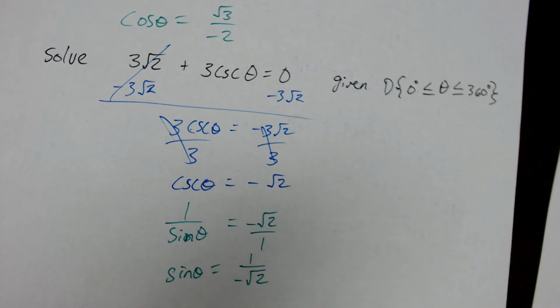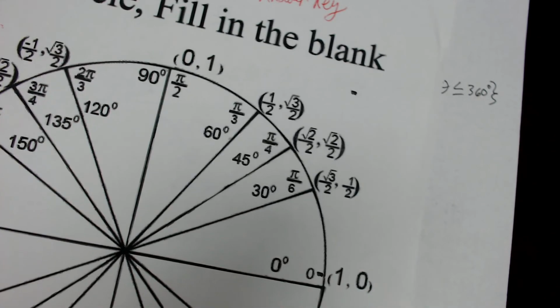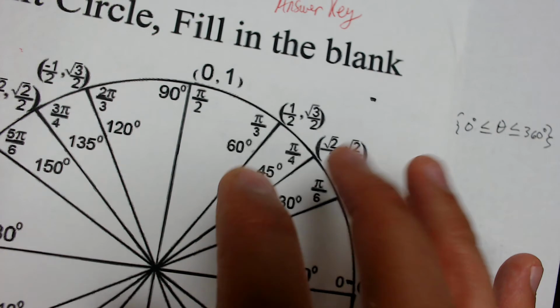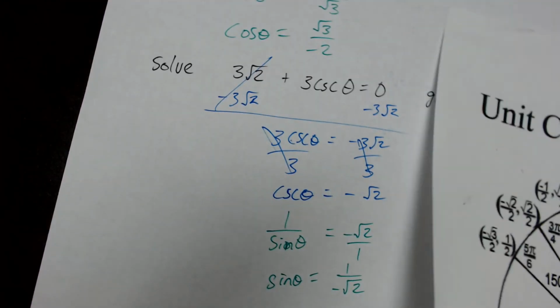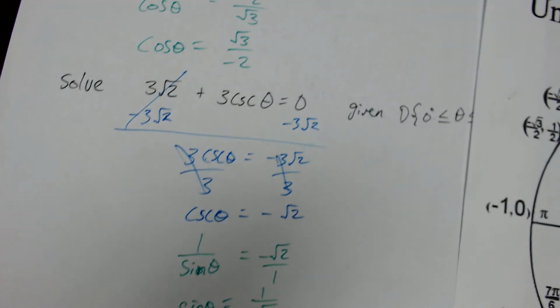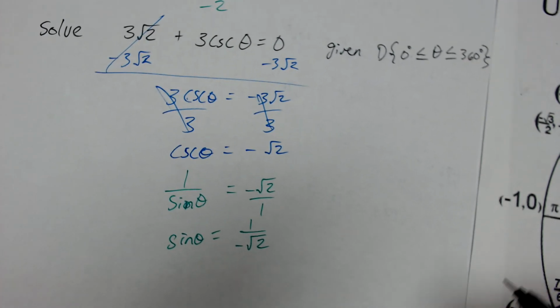I'll go back to my unit circle. Let's see here, sine is not going to be negative here. And sine is positive here and here, so my options are going to be here and here. All students take calculus. I'm going to look here and here for negative sine, and I'm looking for negative 1 over root 2. Excuse me. I just remembered we have to rationalize the denominator here.